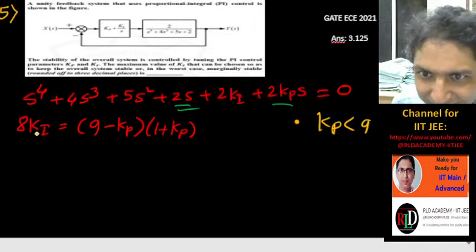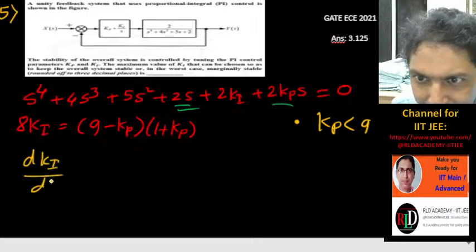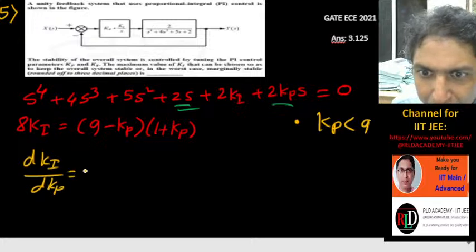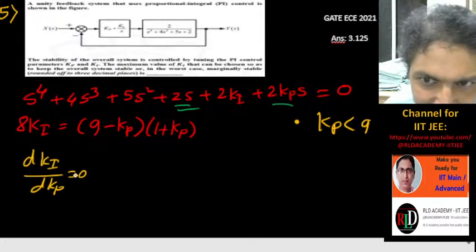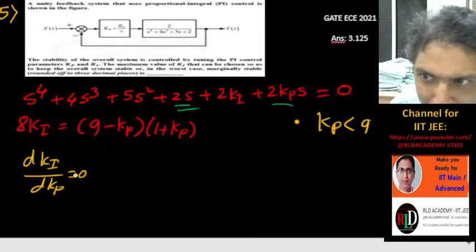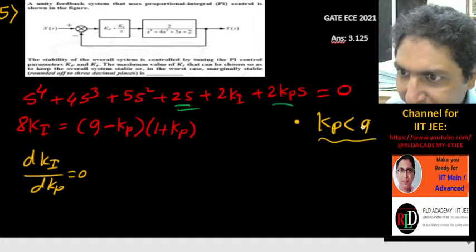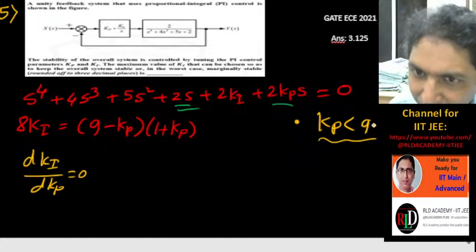So 8 is fine, I can divide. So dKi by dKp should be equal to 0 for the maximization problem, because anything below this, Kp less than 9, is fine for us.